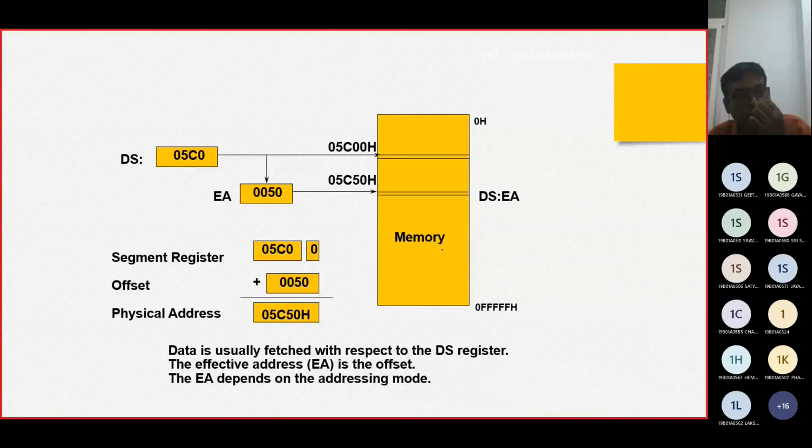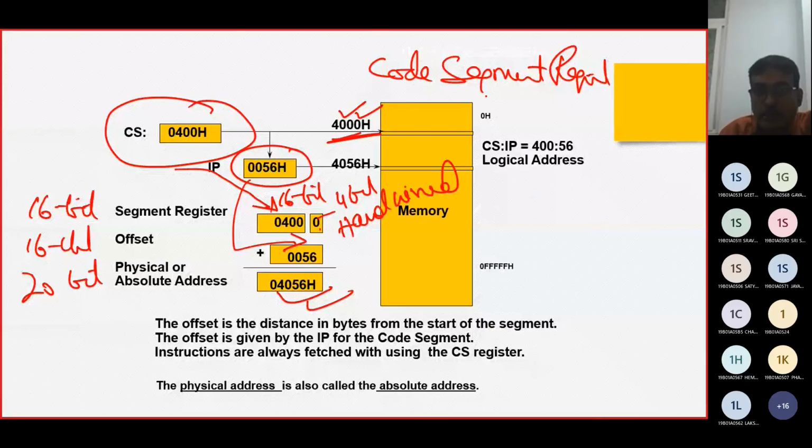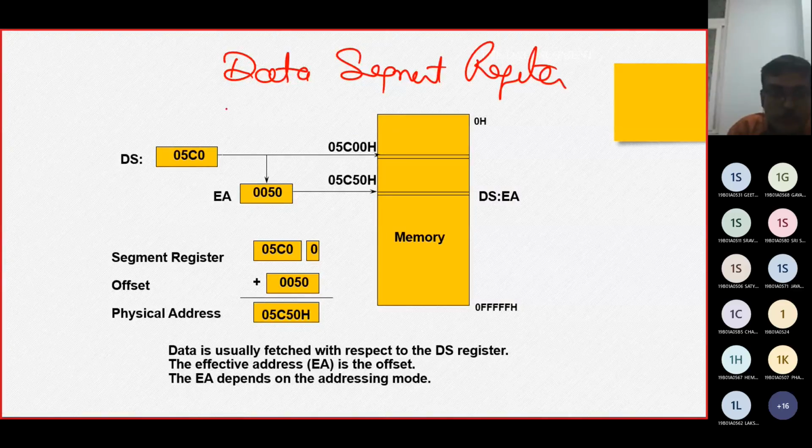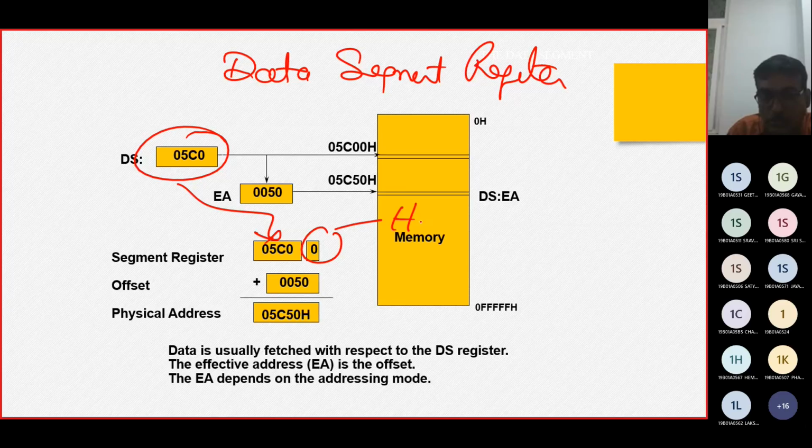So again, one more example. Earlier we were calling it as code segment register. Now we are going to call here as a data segment register. So data segment register, starting address here, 0 adding, we call it as hardwired zero.